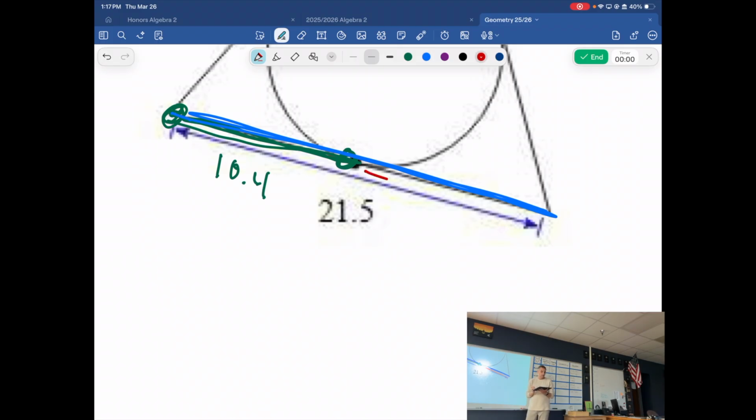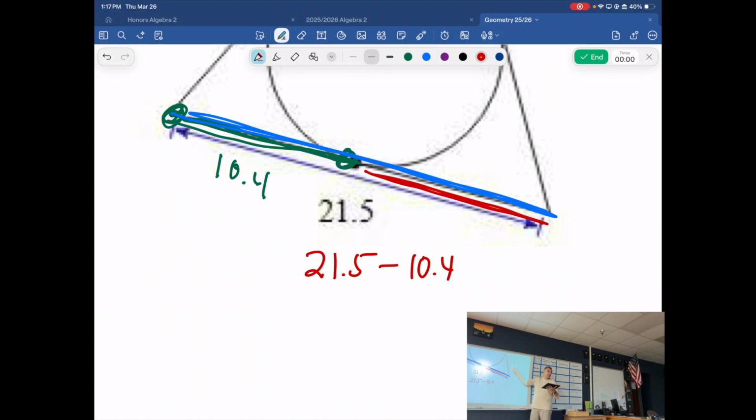How? Subtract. If I take the blue line, 21.5, and subtract the green line, 10.4, that gives me the red line. And if I know that red line, I know that tangent line as well.